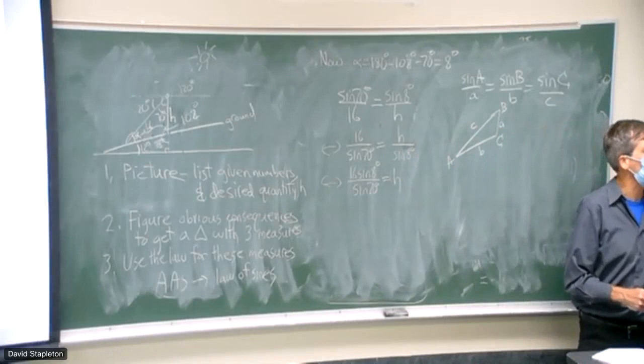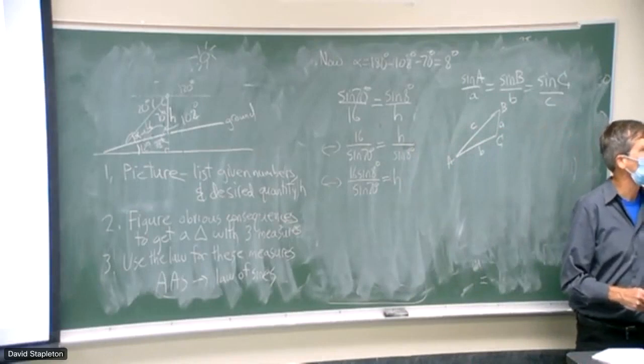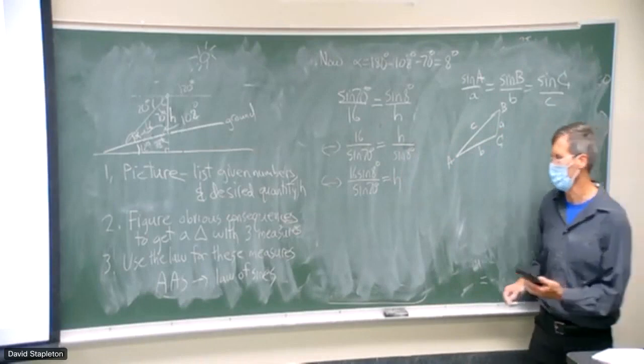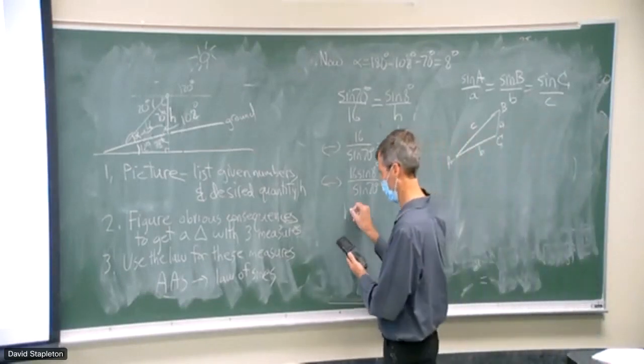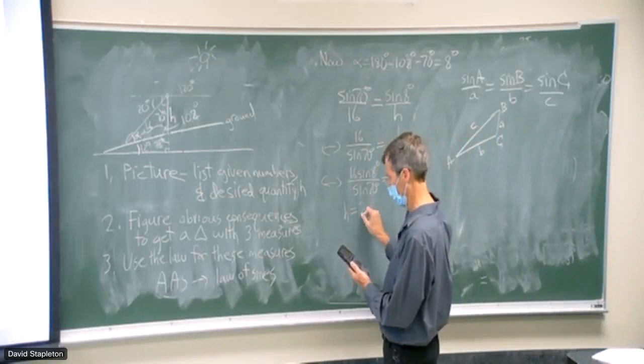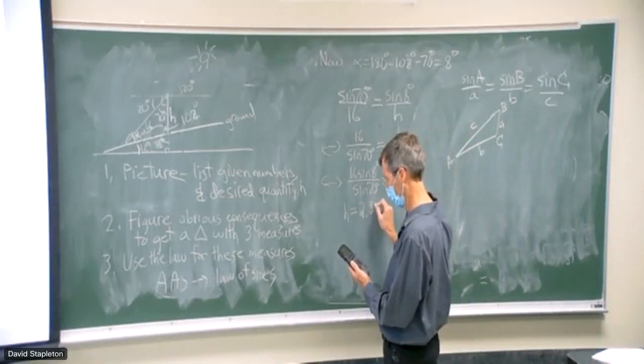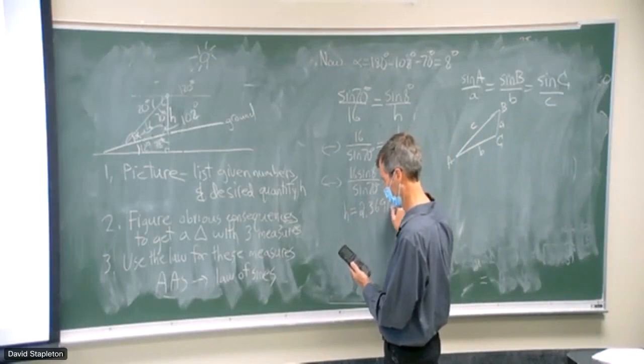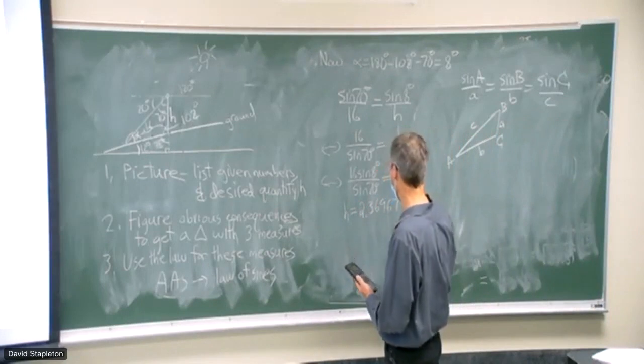It doesn't say how many decimals to put in, but I get H equals about 2.36966787.